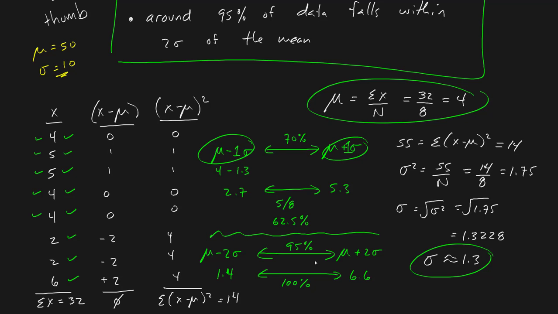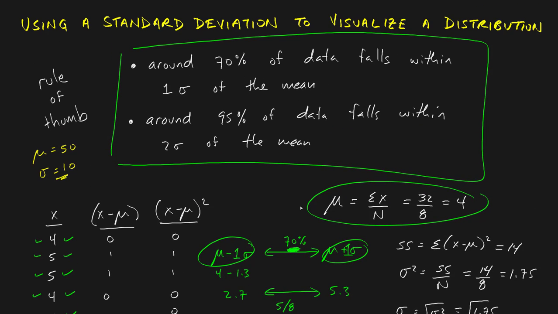So the rule of thumb says that it should be 70% and 95%. We got close to 70% here, 62.5, and close to 95% here. It's just a rule of thumb. It's just to help you visualize what's going on with the data. You're just supposed to be seeing that the majority of the data is within 1 standard deviation, and almost all of the data, maybe with a few exceptions, is within 2 standard deviations of the mean.